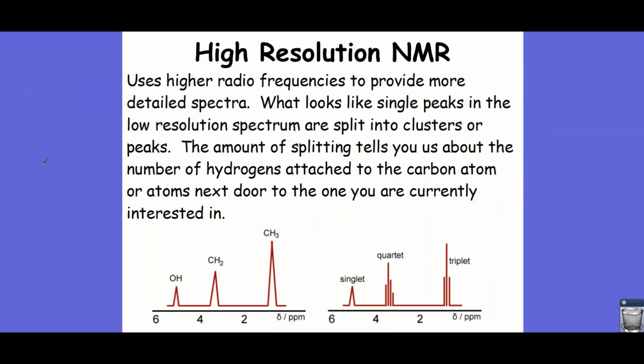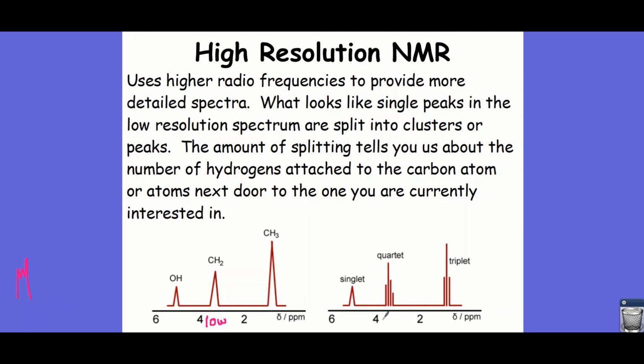So far we've looked at low resolution NMR, and this spectra on the left here is an example of low resolution NMR where we just have our single peaks. They might be a bit messy, but they give us the correct chemical shift, but they don't tell us too much else.